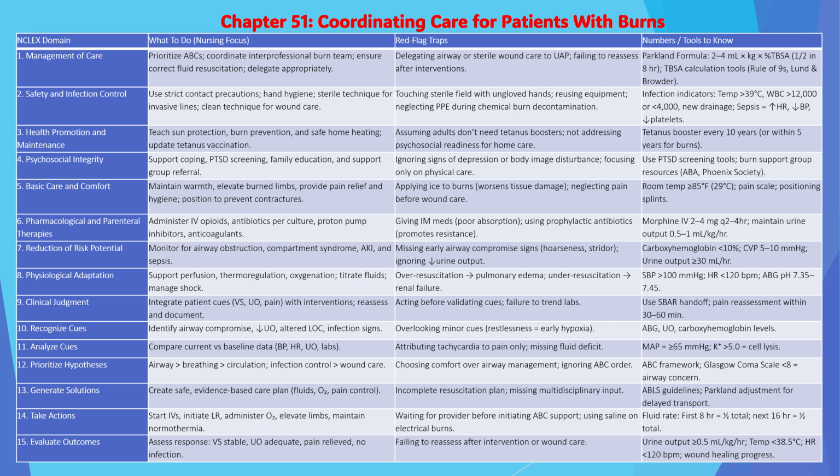Infection indicators: temperature, in Celsius, more than 39. White blood cells more than 12,000 or less than 4,000. New drainage. Sepsis increases heart rate, decreases blood pressure, and the same with platelets.